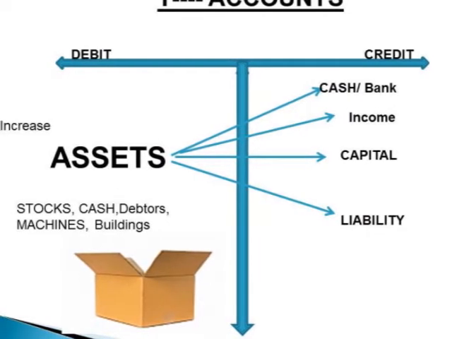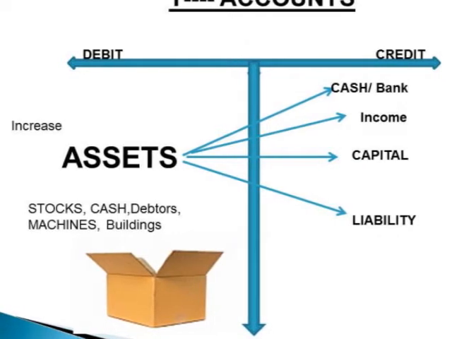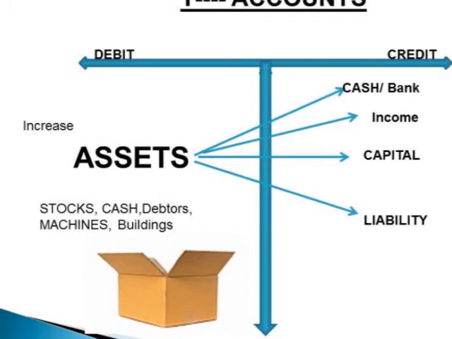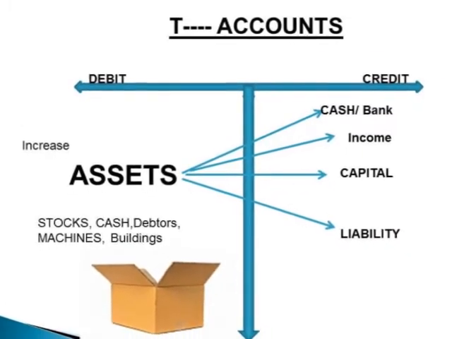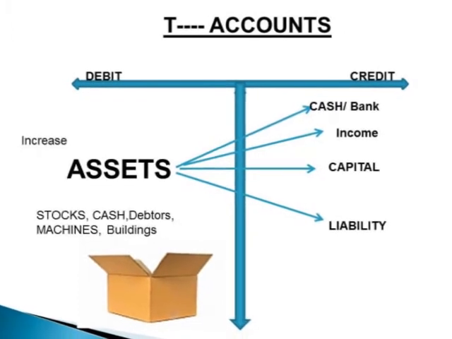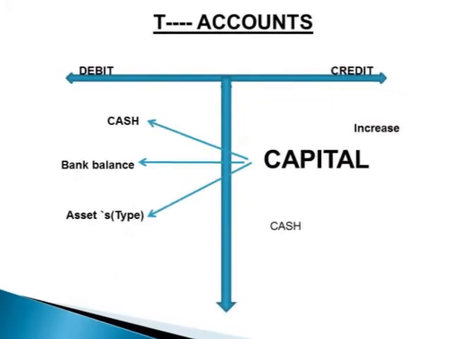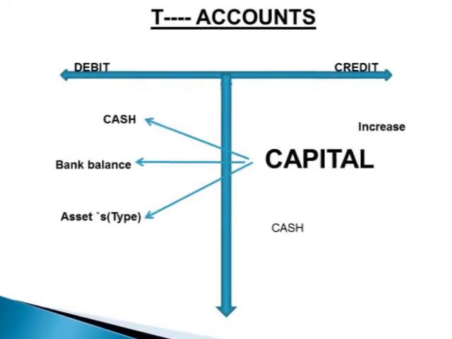where increases in assets, say the purchase of machines, stocks, buildings, are debited on a T account, and a resultant credit entry is made either on a cash account to show the decrease in another asset, or a credit is made on the capital or liability T account to show an increase in capital or liability.